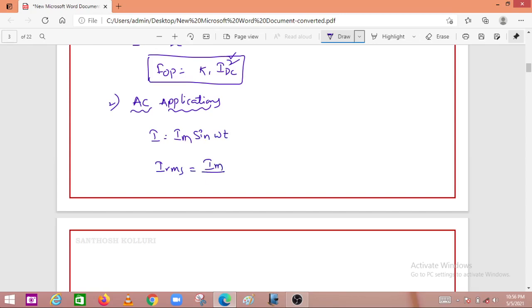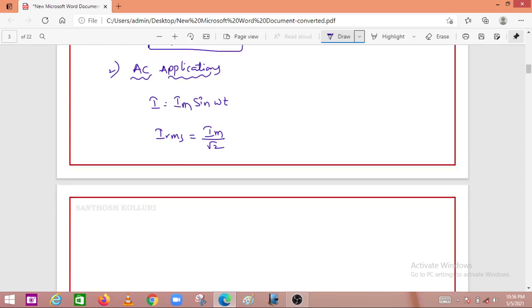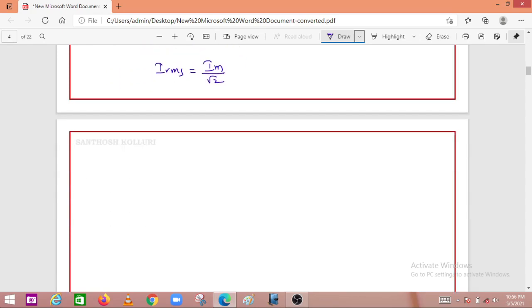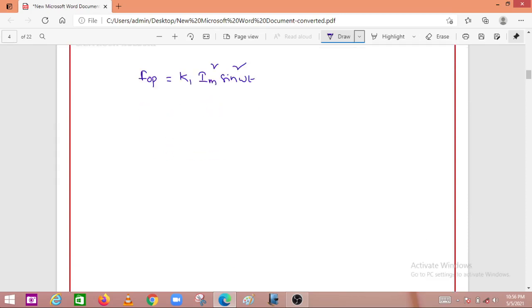Im by root 2. And here the operating force F OP is equal to what? K1 into Im square sin square omega t, because the operating force is equal to K into I square.